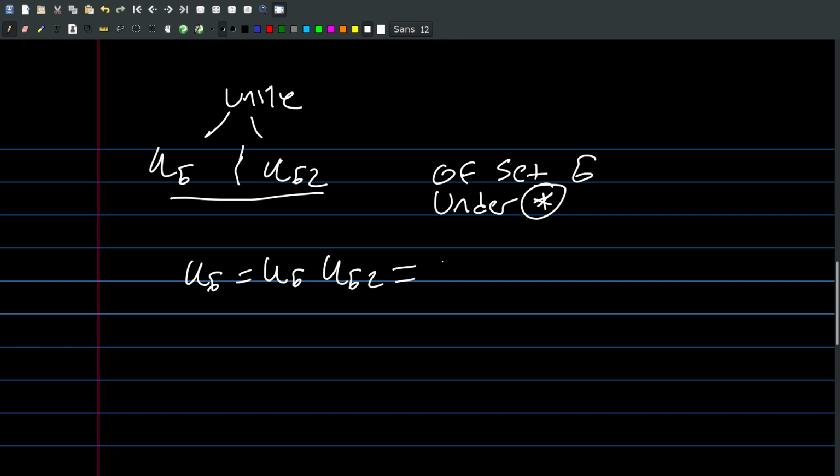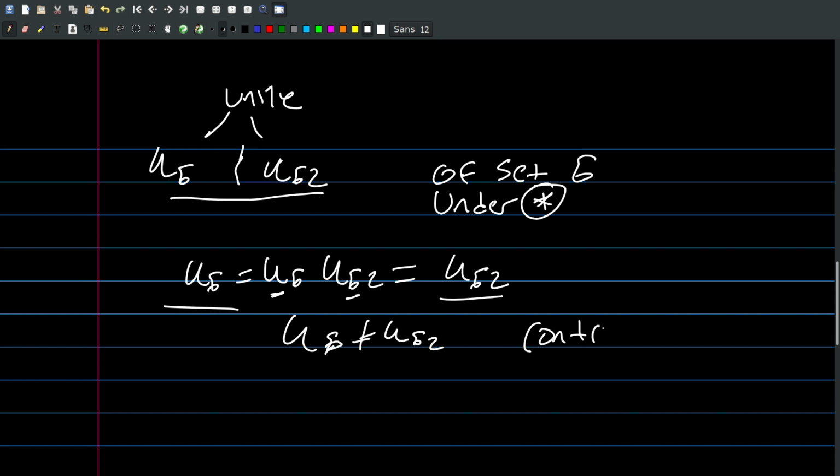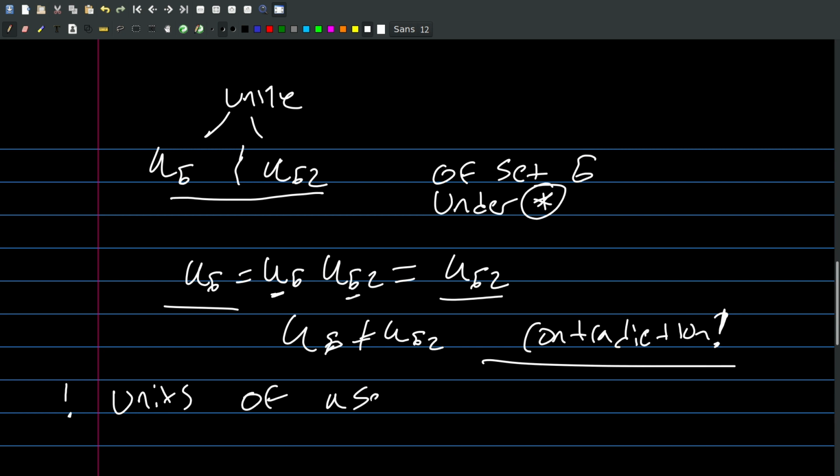And also U1 times U2 equals U1, right? This is equal to this times that. That's supposedly the unit of that. So there's a contradiction here. So U1 cannot be U2. Contradiction. So units of the set G under a binary operation are unique.